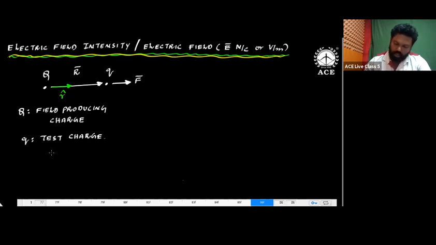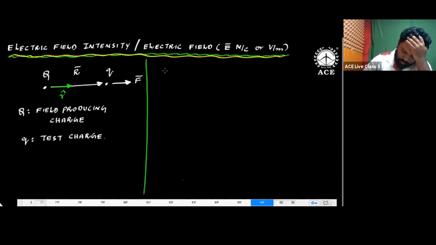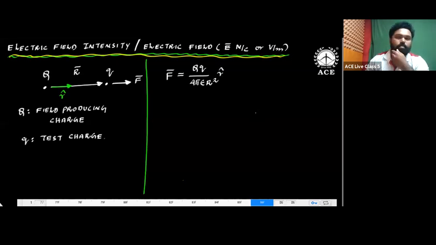What does that mean? I'll explain. So what is the force between these two? F is equal to Q into q divided by 4 pi epsilon R square R cap. I'll bring that charge q here. F divided by q is equal to Q by 4 pi epsilon R square R cap.